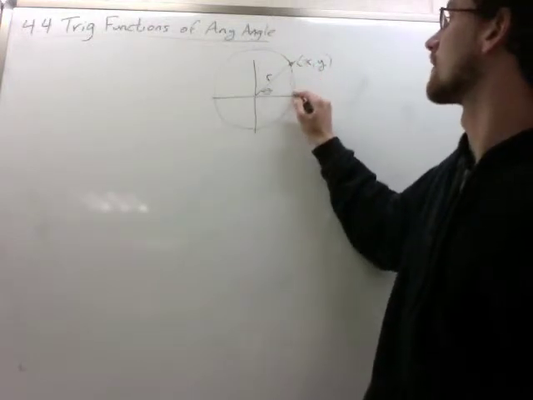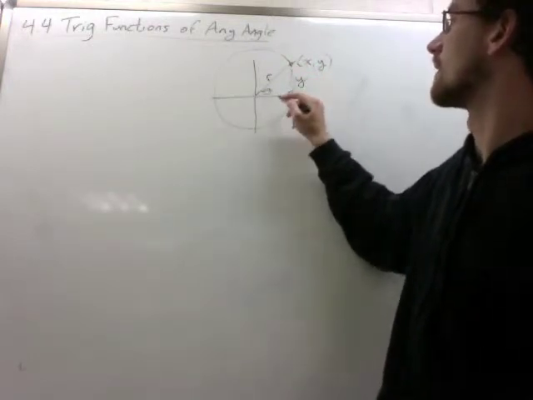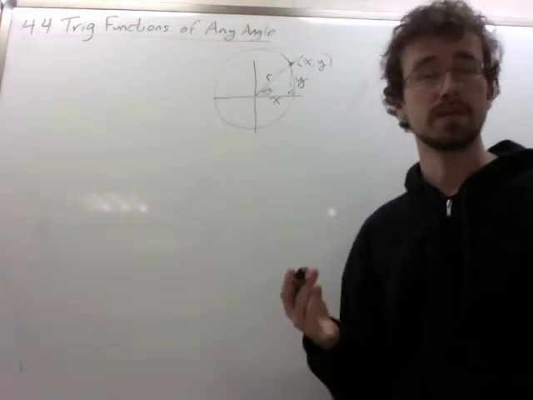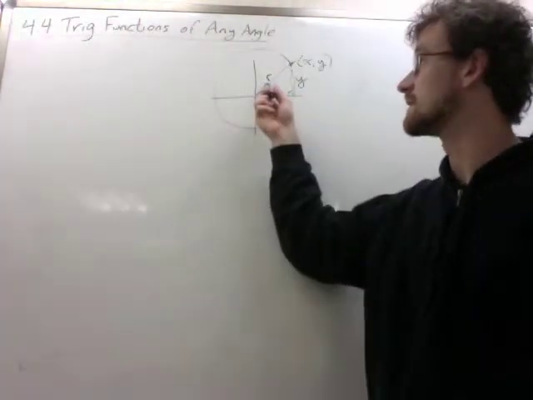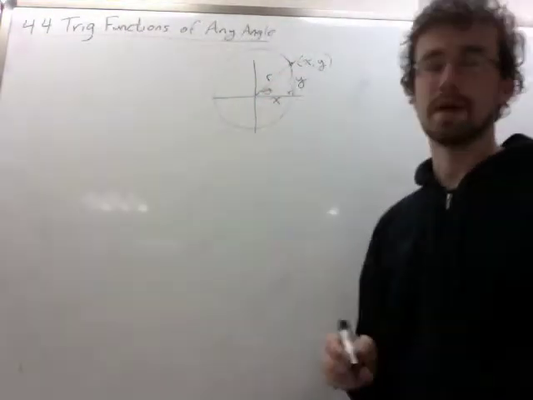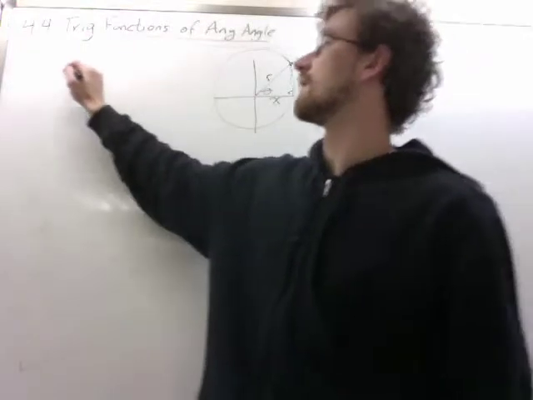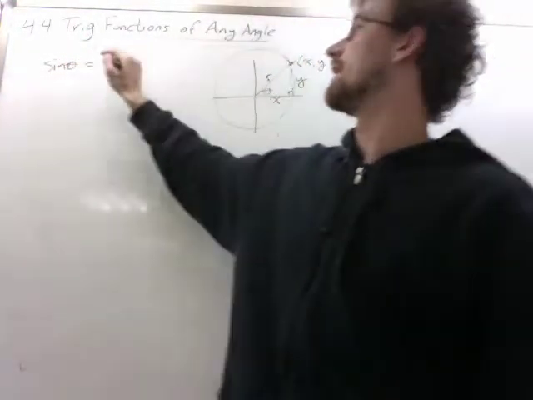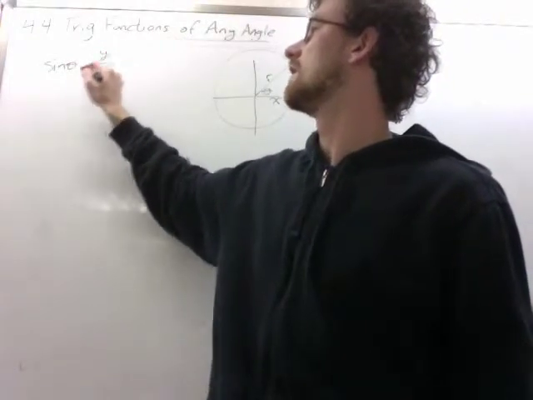Again, if we draw in this little triangle, this side is the y-coordinate, this side is the x-coordinate. The hypotenuse now is not 1, because it's not on the unit circle, but it is the radius of some circle. And from that we can figure out our trig functions. The sine theta is opposite over hypotenuse, that's y over r.